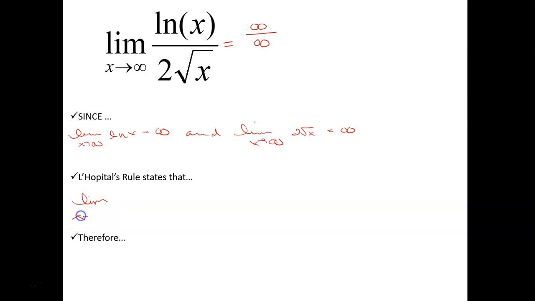Let's write our original limit. Has to equal the limit of their derivatives. So the derivative of the natural log of x is 1 over x. The derivative of 2 root x would be 1/2 x to the -1/2.